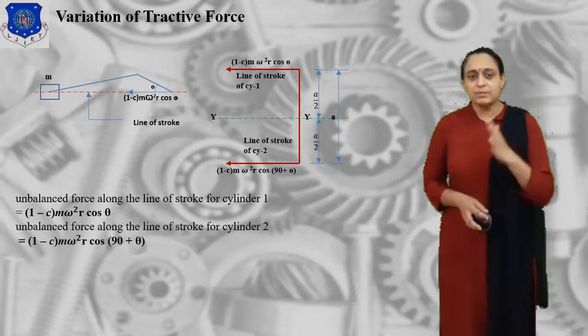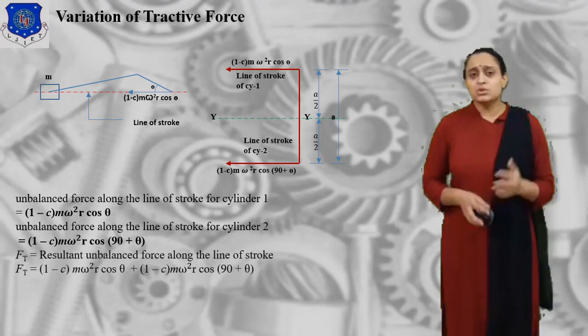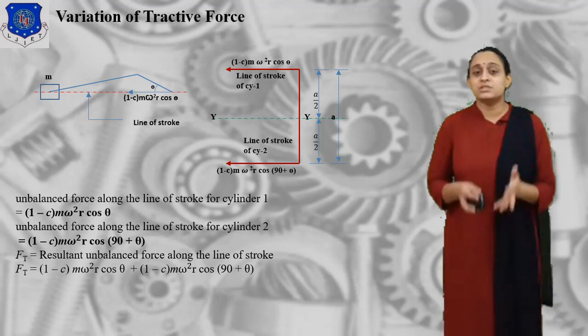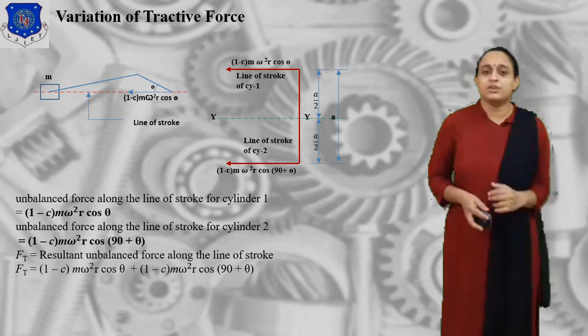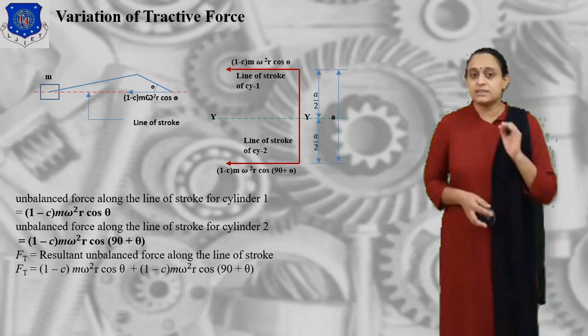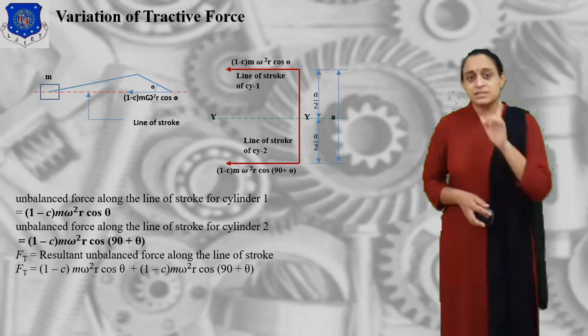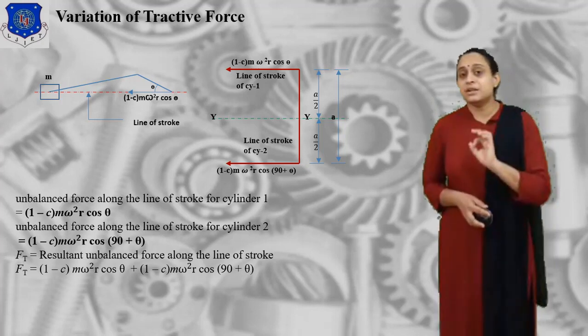For the second, (1 minus c) m omega square r cos (90 plus theta). So, the total resultant unbalanced force along the line of stroke of both cylinders is (1 minus c) m omega square r cos theta plus (1 minus c) m omega square r cos (90 plus theta).